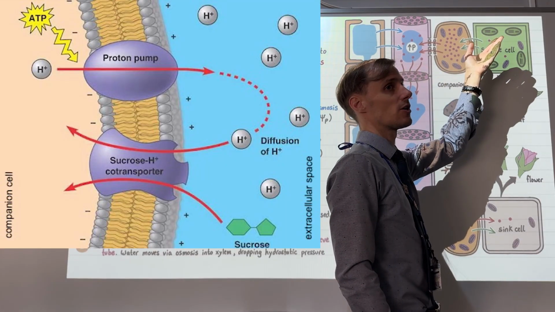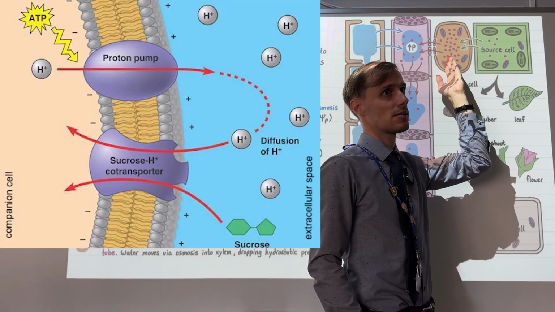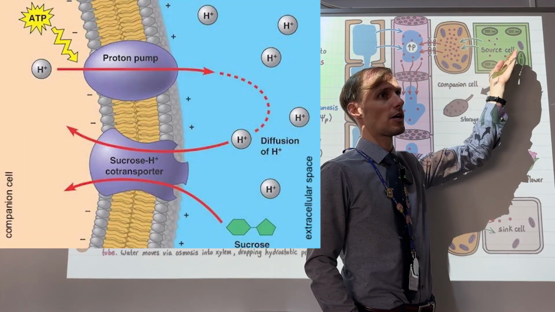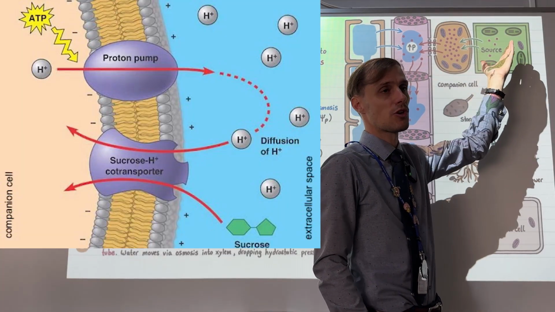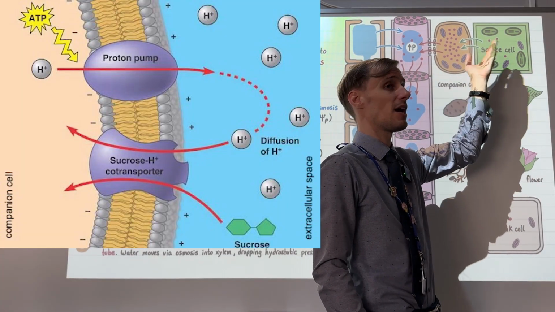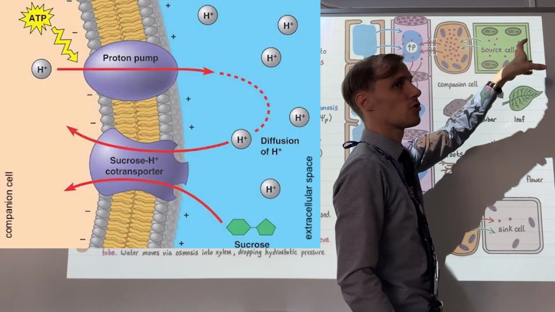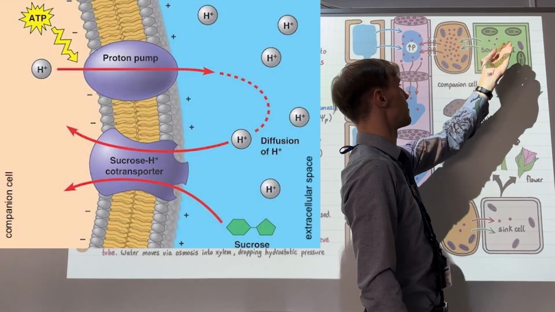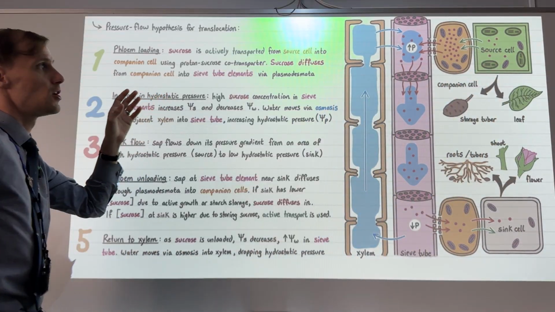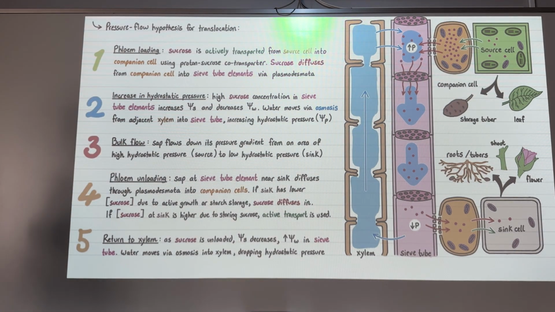It means the protons are higher outside the companion cell than inside. Protons are going to naturally want to flow down due to their concentration gradient. So we have potential energy here. And then sucrose is kind of, again, along for the ride, moving into the companion cell. So now we've created a very high concentration of sucrose within the companion cells.